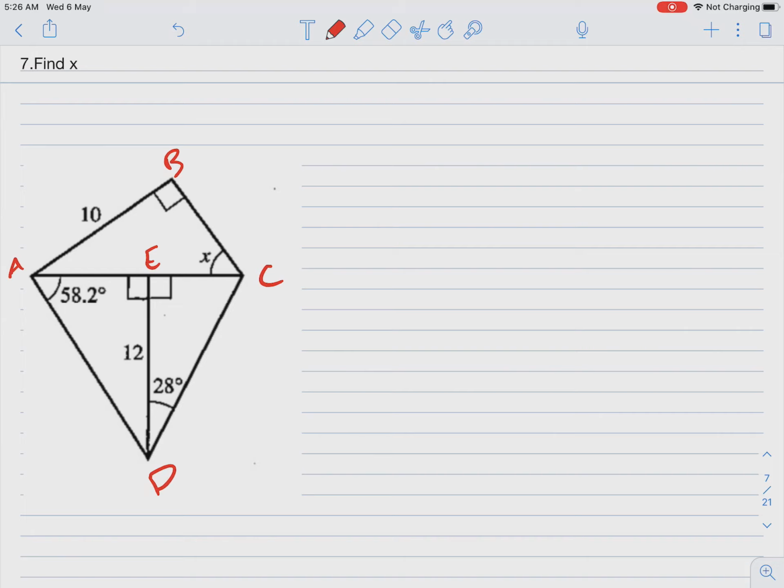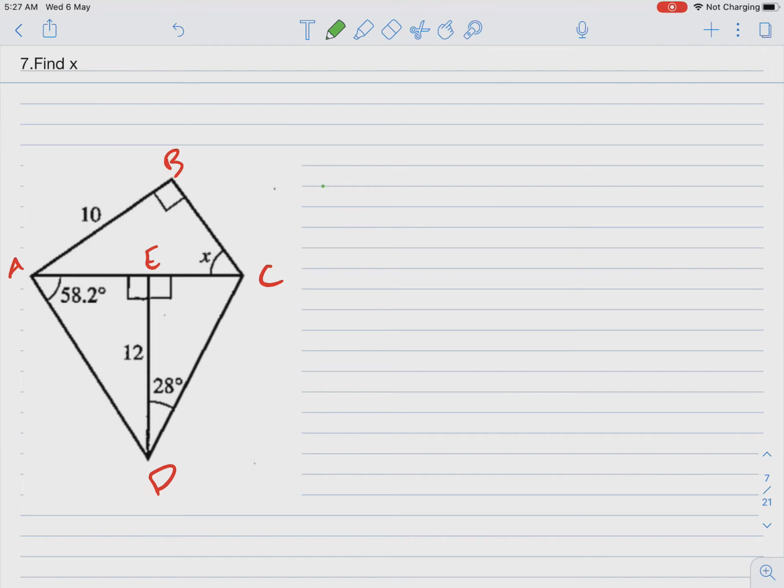So what will I do? I have to first check what I can find in this triangle.